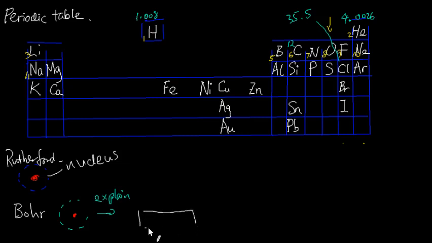Remember the line spectrum, which we saw in an earlier video, the line spectrum of hydrogen, the one with a red line, a light blue line, a blue line, and a violet line.